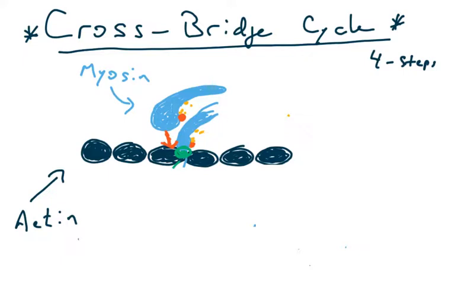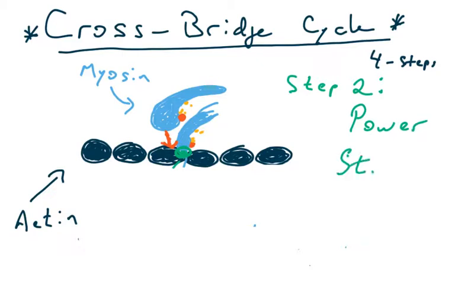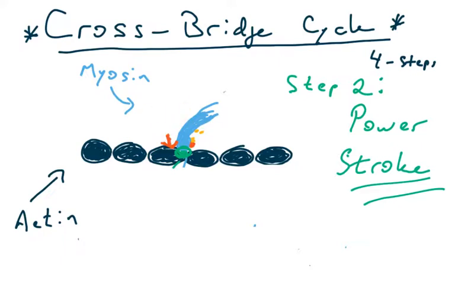All right. So we have our cross-bridge formed. This brings us into step 2, which we can call the power stroke. So at this point, within step 2, let's go ahead and get rid of our relaxed state of our myosin head here.